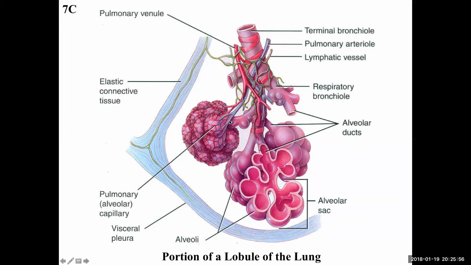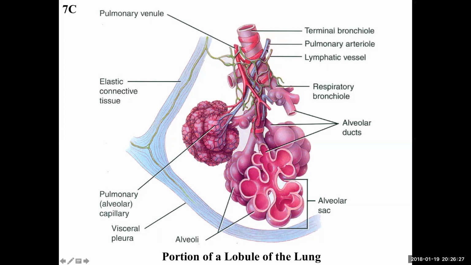Now the circulation is important to understand because we have a pulmonary artery that is going to come from the right ventricle. And we know that the right ventricle is bringing in deoxygenated blood from the systemic circulation, and then that artery becomes an arteriole, which we can see here.